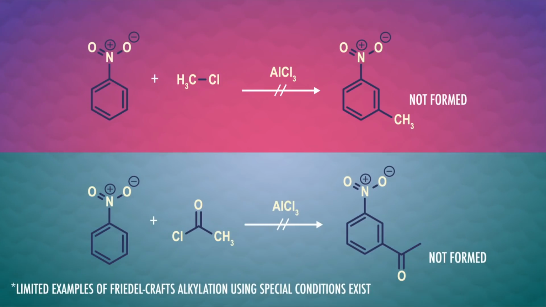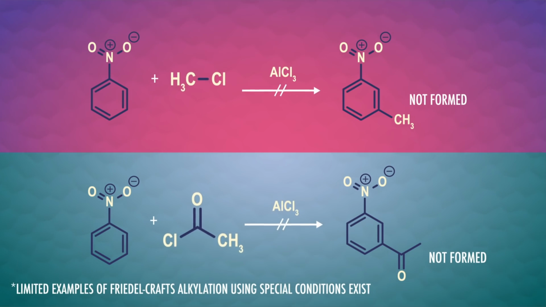So what happens when we try and carry out a Friedel-Crafts reaction with a deactivated ring? Not a lot. The benzene ring is too electron deficient to react, and there's usually no reaction with these electrophiles. In some cases, Friedel-Crafts acylation will work where alkylation doesn't, because the acylium ion is a slightly better electrophile.